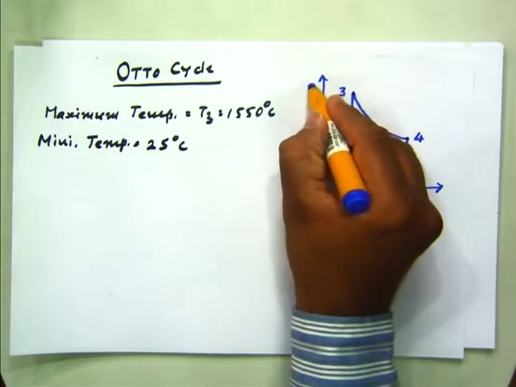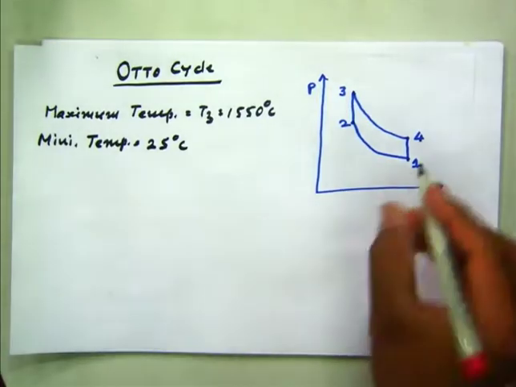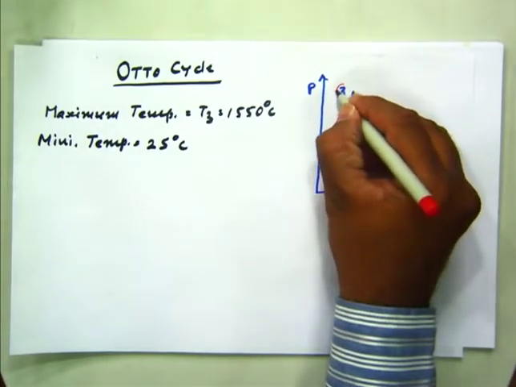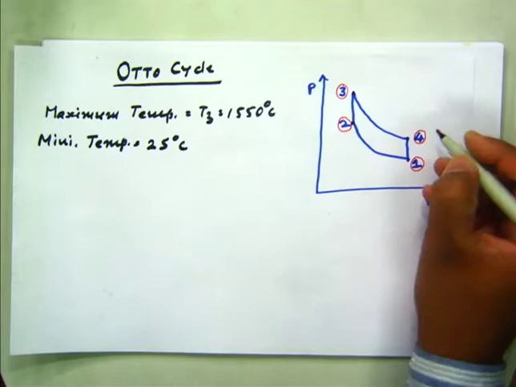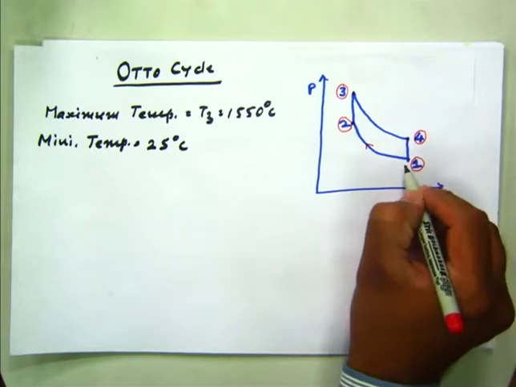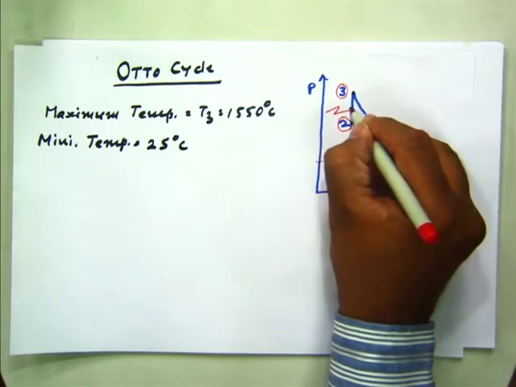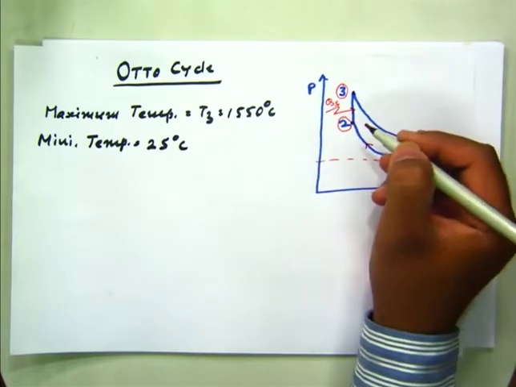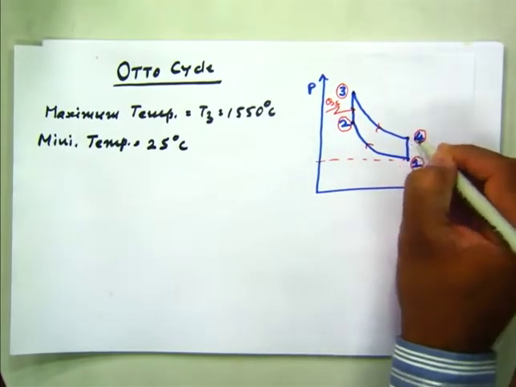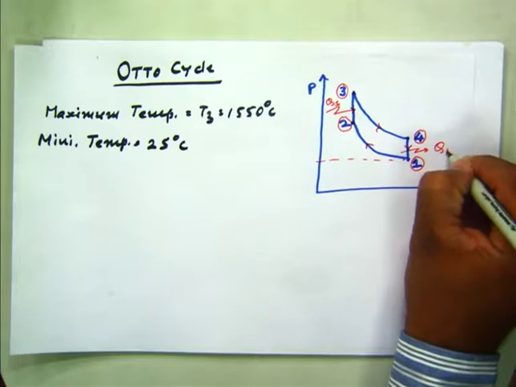This is your PV diagram, right? These are the points 1, 2, 3 and 4. This is the compression from 1 to 2. So this is the minimum temperature. 2 to 3, heat supplied or heat addition takes place. 3 to 4, expansion, and 4 to 1, heat rejection.